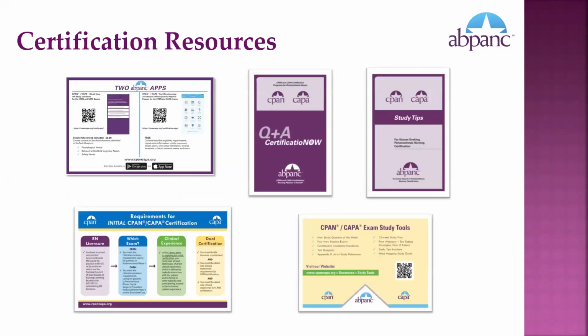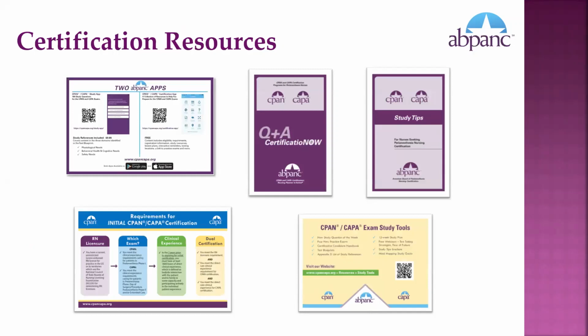The other thing that you'll see in your exhibit care package are all of these handouts and materials. These are our certification resources. In the top corner here, you'll see where it says 2 ABPANC apps. This goes over the 2 apps that we have available. One is a free CPN CAPA certification app, which is like a mini version of our website, very helpful for people who are thinking about becoming certified and trying to get themselves organized.